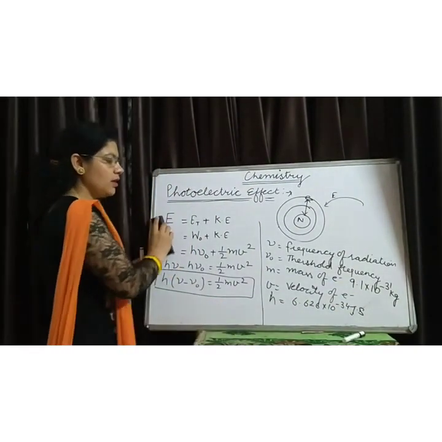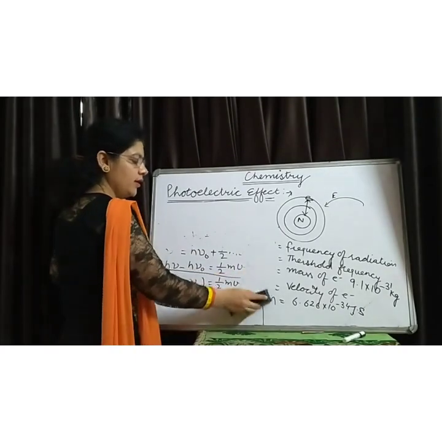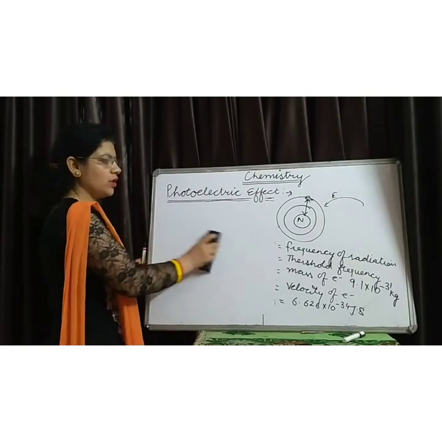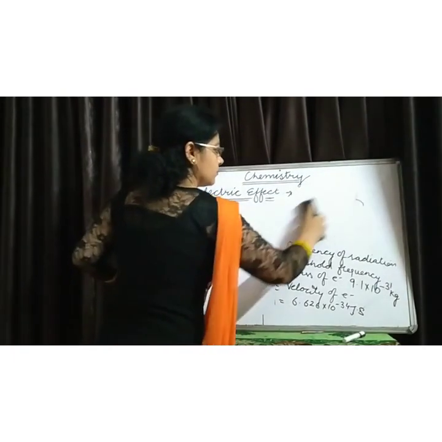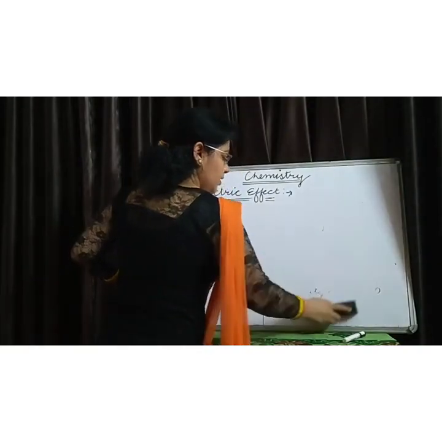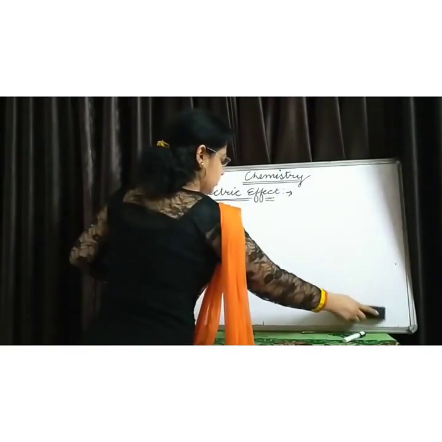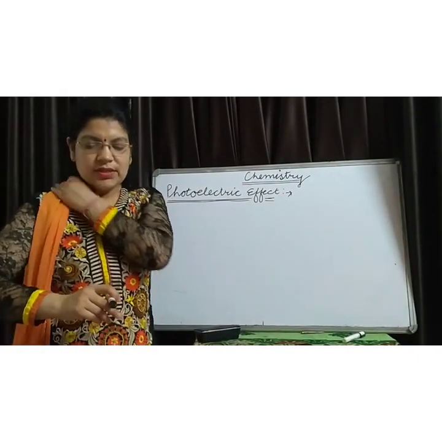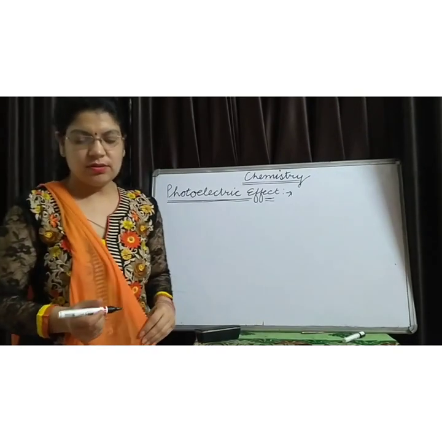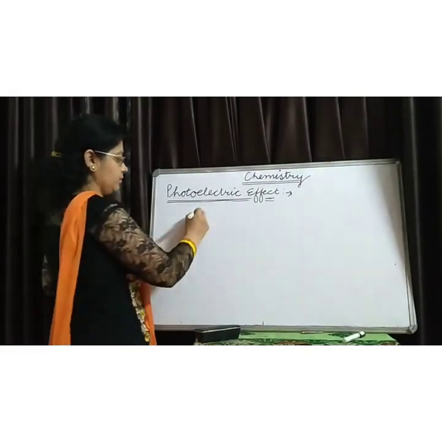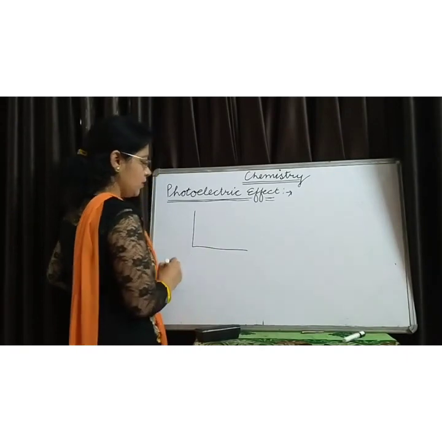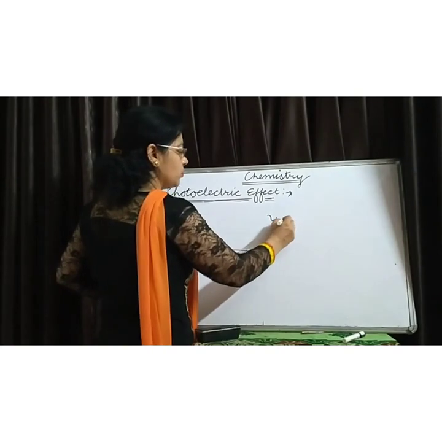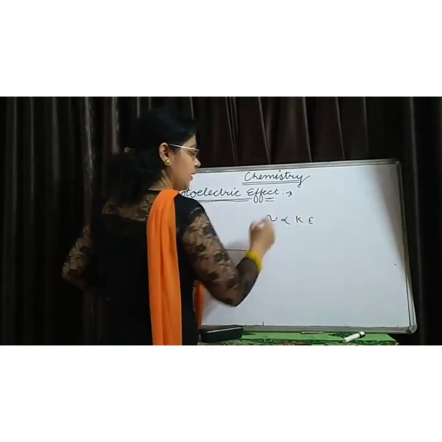Next, what is the effect of the radiation on the kinetic energy of the electron? It is found that the frequency of the radiation is directly proportional to the kinetic energy of the electron.